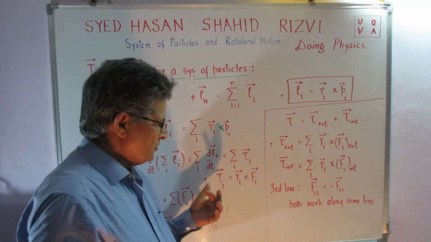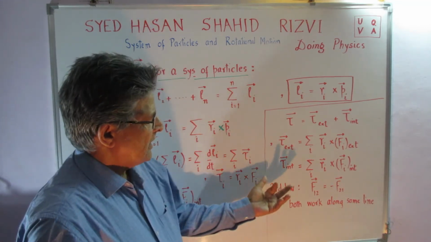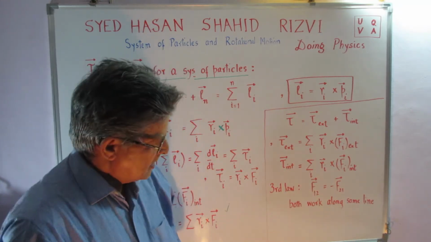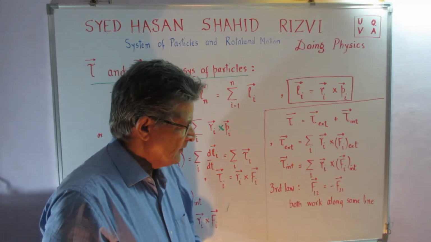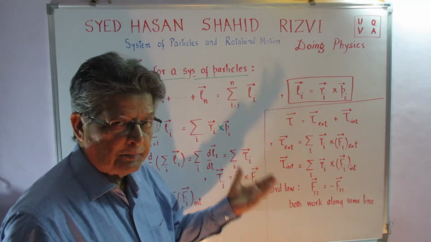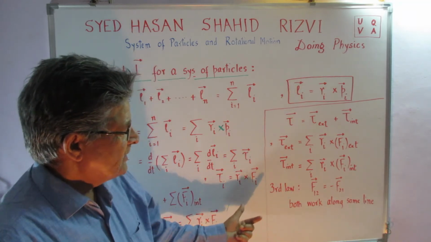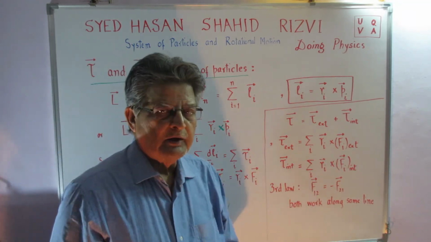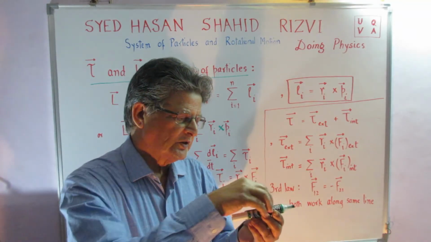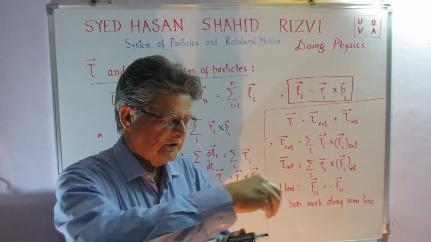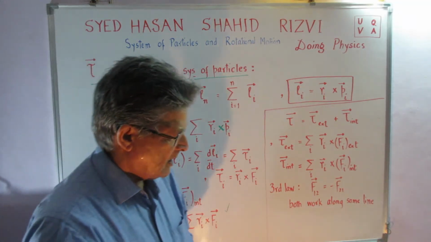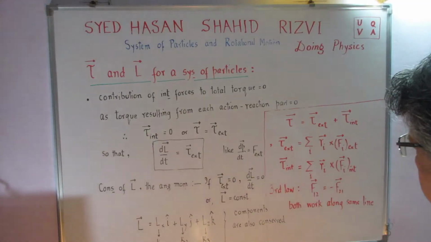Now, according to the third law, I told you that the force F12 between any two internal particles is equal to minus F21, and bear in mind that both these forces work along the same line.